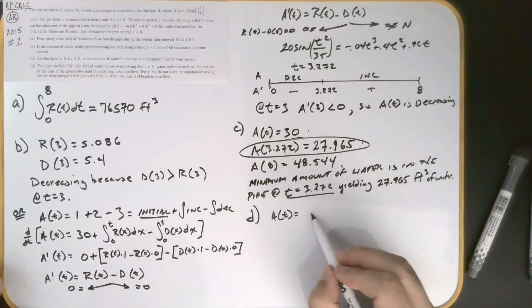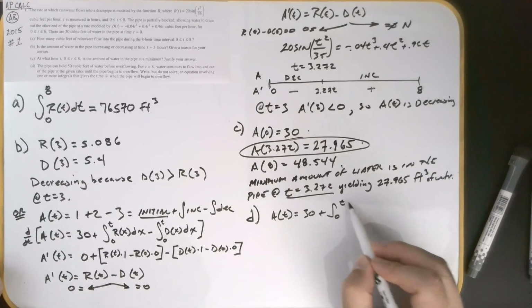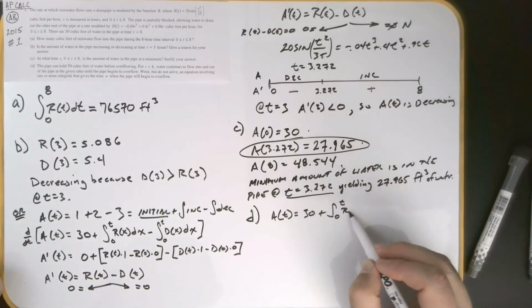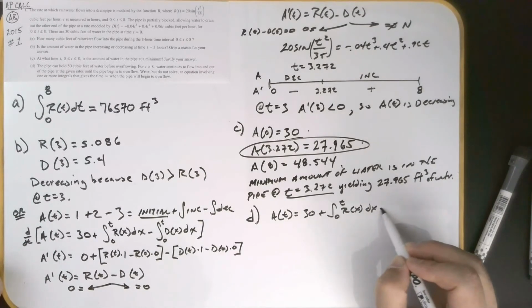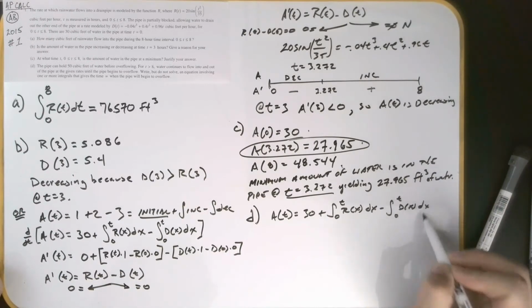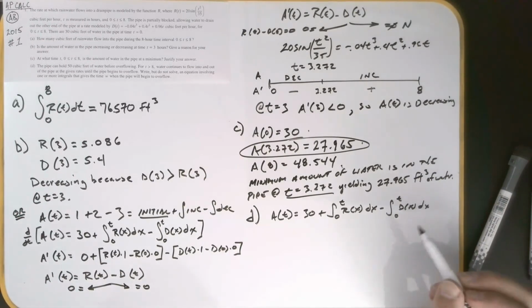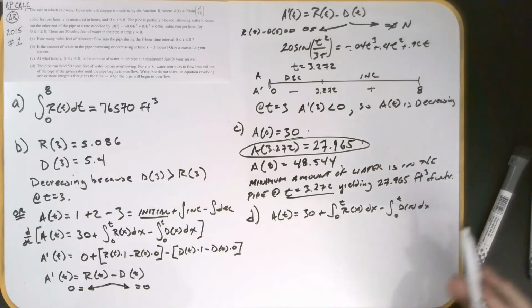But I have A of t is equal to 30 plus the integral from 0 to t of R of x dx minus the integral from 0 to t of D of x dx. Okay, capital D of x, I should say. And again, I know some of you are noticing here, you could write that in one integral, no problem.